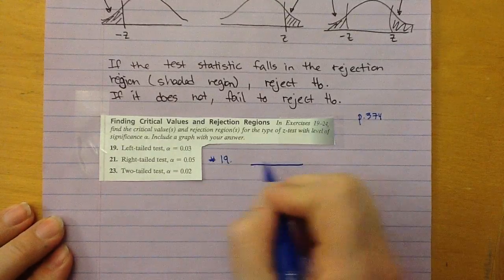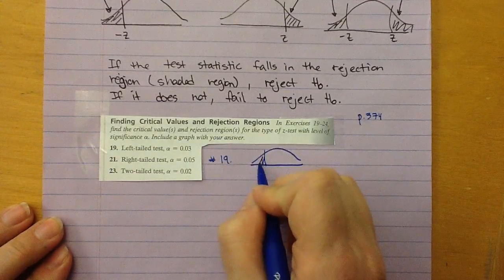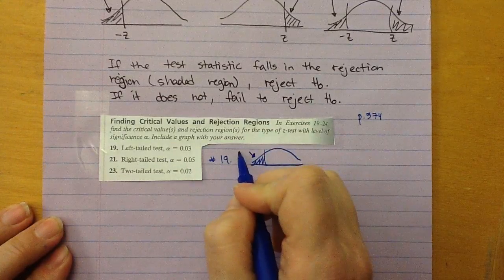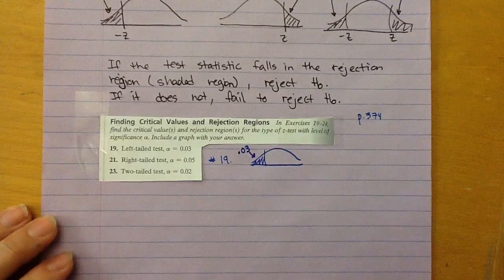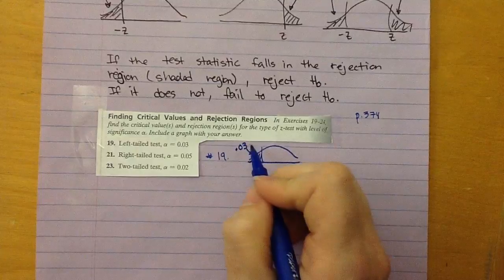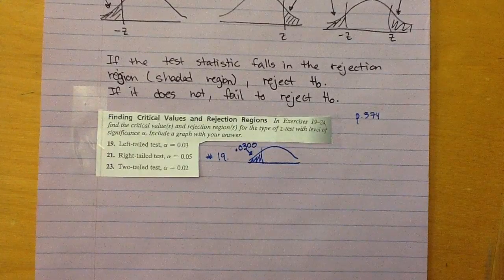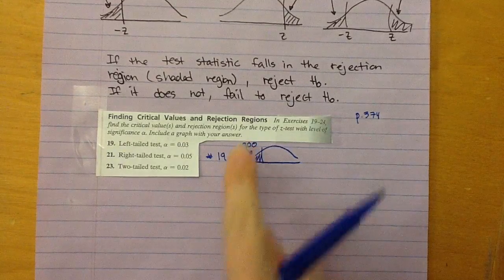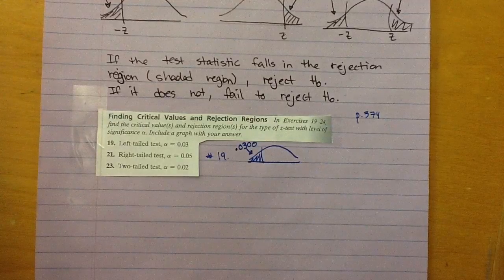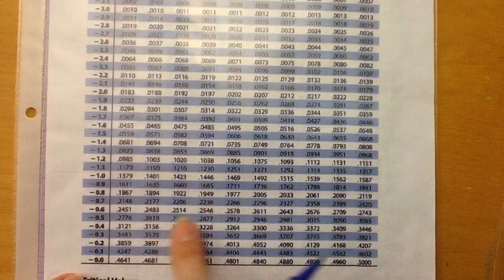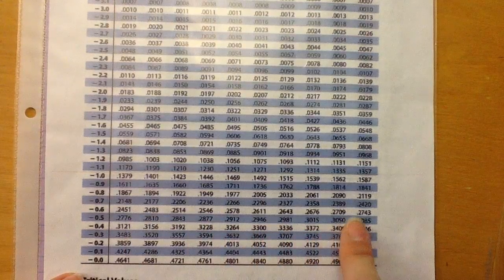We have a left-tailed test. It tells me alpha is 0.03, so that means the area here is 0.03. The area is actually 0.0300, because in the areas for our standard normal distribution, those go out 4 decimal places, so we might want to write it with 4 decimal places. So when we look it up, we find the closest to 0.0300.